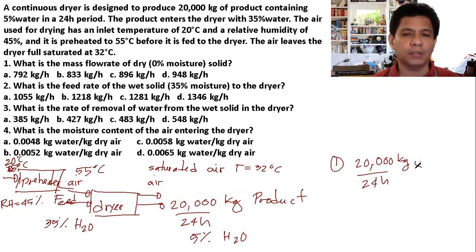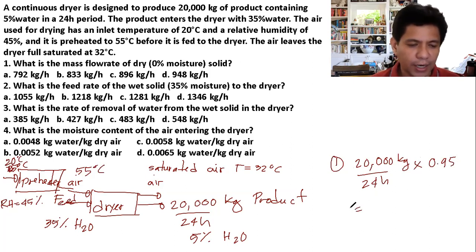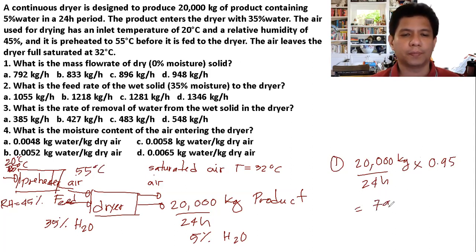So just multiply this by 0.9. So you're supposed to get something like 792 kilograms per hour. Okay, so this is letter A.